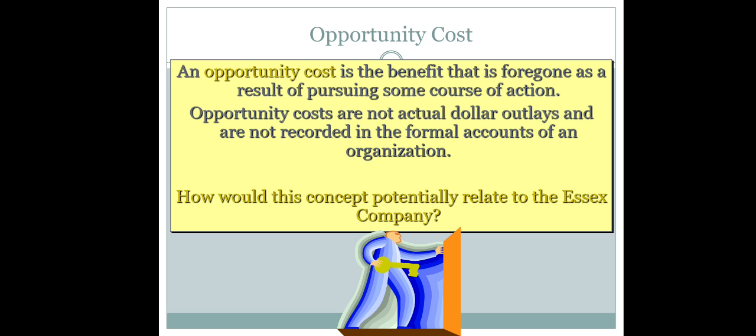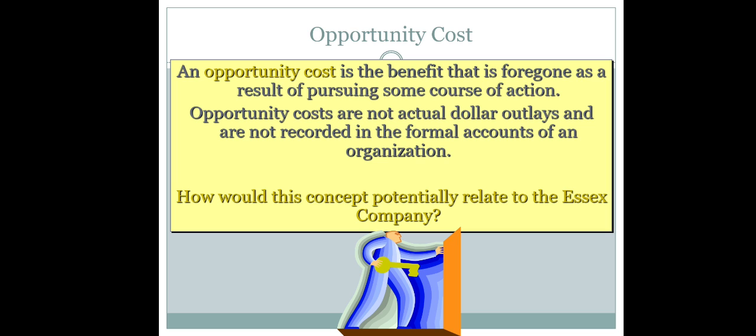Two choices: go to work or go to university. So if the student chooses to go to the university, then there is an opportunity cost. What is the opportunity cost? The opportunity cost is the salary that he can get if he goes to work. Okay, that is one example.